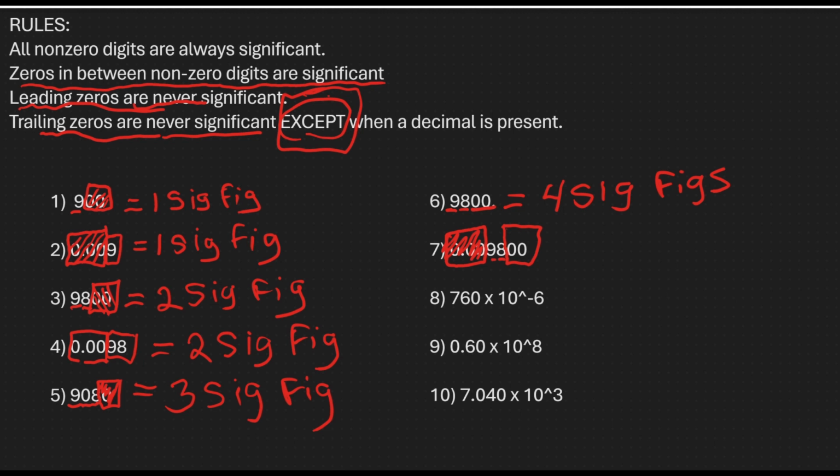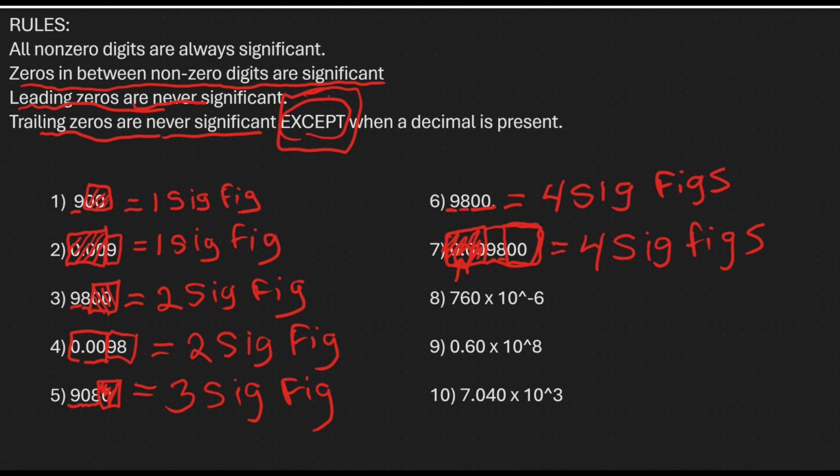Trailing zeros in this case are significant because of the decimal place right there. So in this example, we have the 9, the 8, and these 2 zeros trailing, which gives us a total of 4 sig figs.